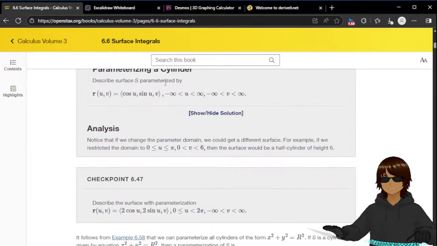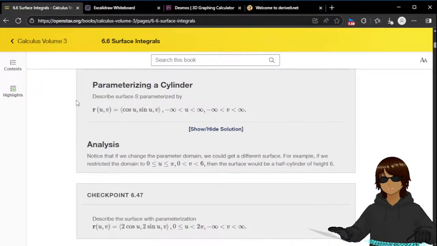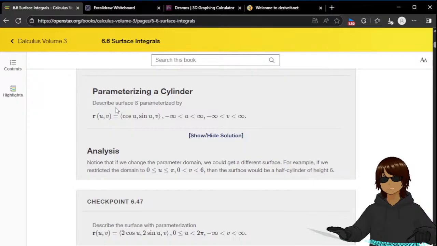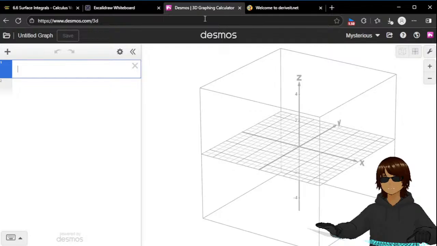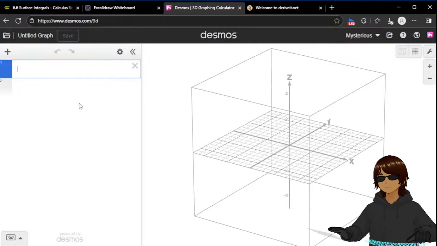Describe the surface as parameterized by u and v. u goes from minus infinity to infinity, v goes from minus infinity to infinity. Let me see. cos u, sin u. Can I draw it over here?